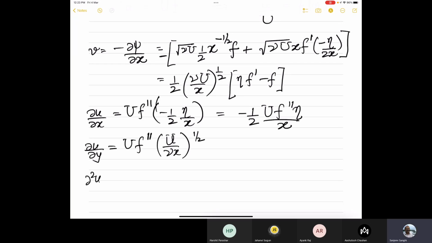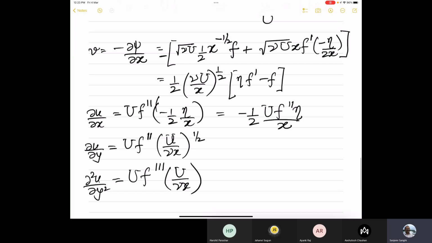And we take a second derivative because on the right hand side we have the second derivative d2u by dy square. This will become capital U times f triple prime times, we multiply by the same thing, square root of u by nu x. So this becomes u by nu x to the power 1. This is partial u by partial y.